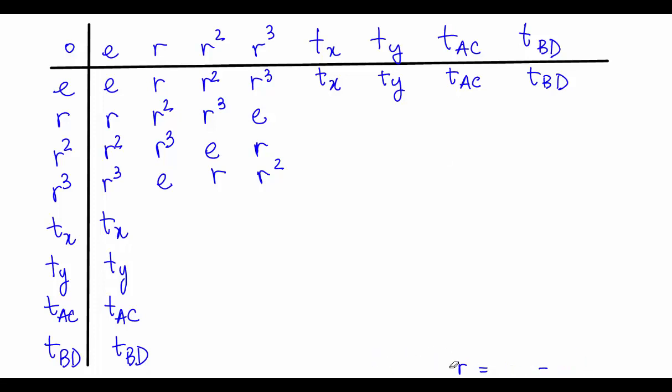What happens if I take R square composed with reflection with respect to the x-axis? What do we get? Let us go back to our original diagram here.